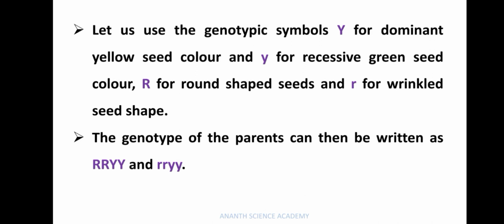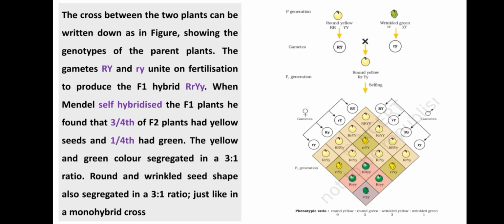The genotype of the parents can then be written as capital R capital R, capital Y capital Y, and small r small r, small y small y. Hope you are clear. The cross between the two plants can be written down as in the figure, showing the genotypes of the parent plants. The gametes capital R capital Y and small r small y unite on fertilization to produce the F1 hybrid capital R small r, capital Y small y.